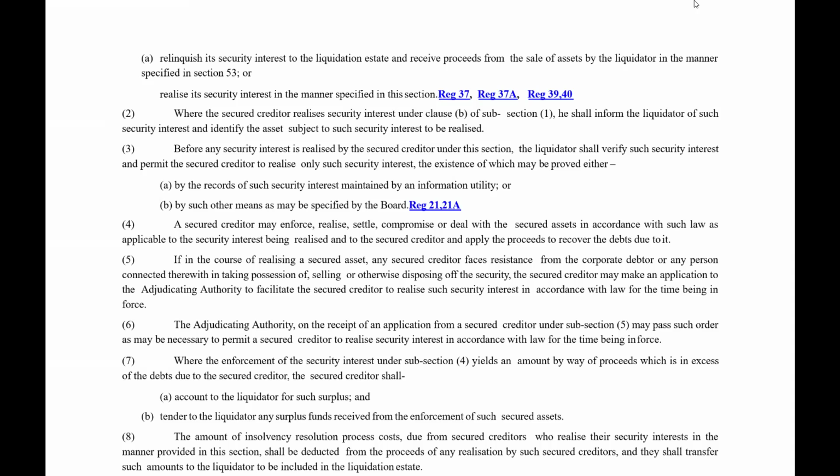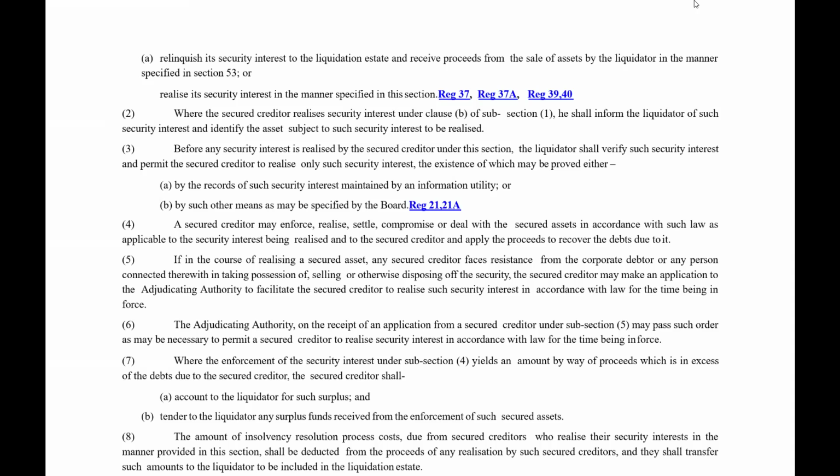Is there any form? While filing the claim form, suppose he is an operational creditor, then he will be filing Form C during liquidation. So in Form C, there is a column number 8A.